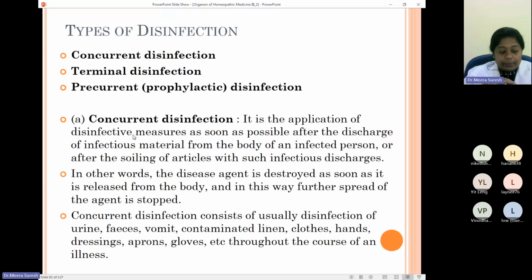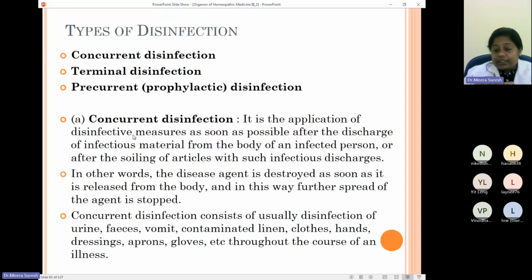Like a cholera patient passing his stool. If we are disinfecting that stool at that moment itself, not storing it for a long time and then disinfecting it, no. As soon as the patient is discharging that stool, we are immediately disinfecting it. That is called concurrent disinfection.